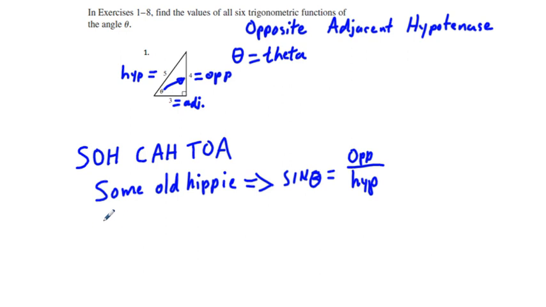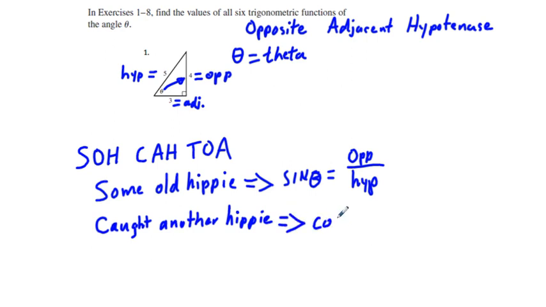Okay, and the next 3 words: cot, another hippie. And for that, we have the cosine of theta is equal to adjacent over hypotenuse.